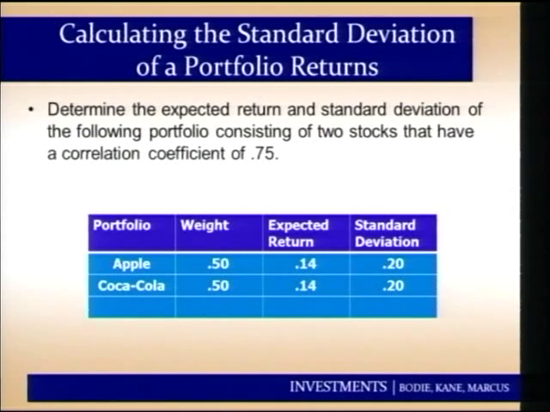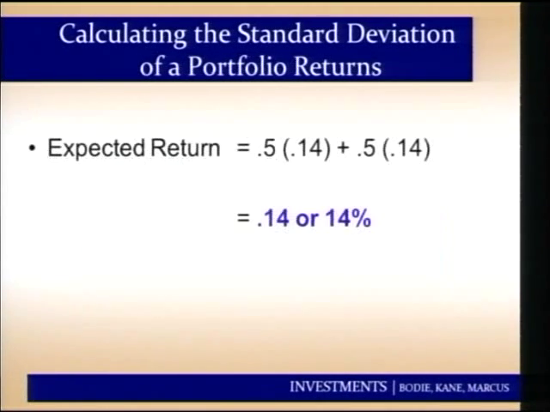The risk is influenced by the rho, 0.75. If there is no correlation between Apple and Coca-Cola, the standard deviation would equal 0.20 if we ignore the correlation. But because of a correlation of 0.75, we should observe a decrease in the standard deviation.